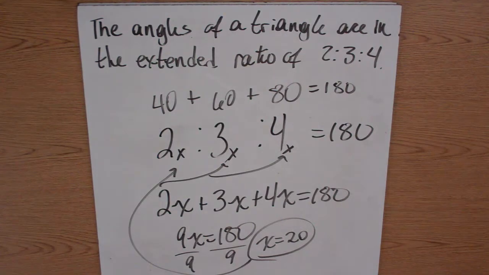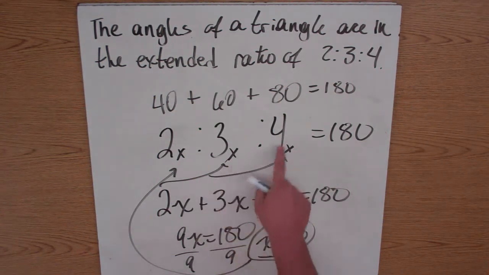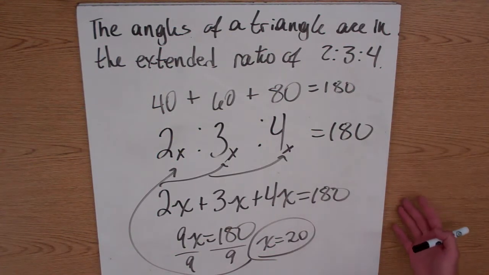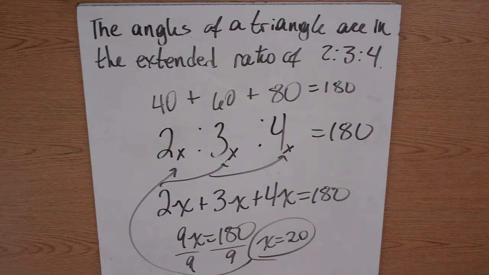So, when you see problems like this, the angles of a triangle, the sides of a triangle, the whatever of whatever, are in the ratio of this to this to this, you just simply put a variable behind every number in your ratio, set it equal to what they tell you it equals, and then just solve for the variable. And then just plug the variable back in, and you're done.